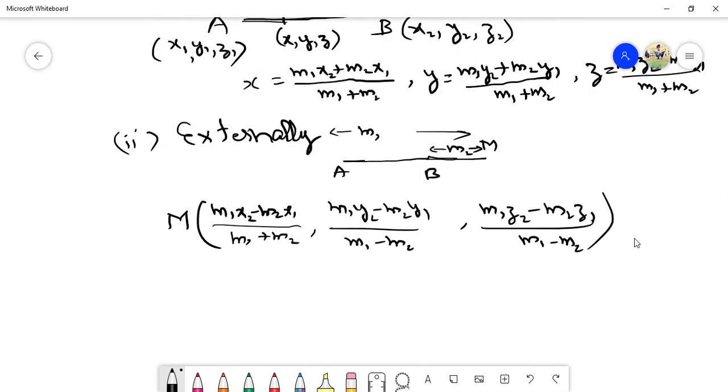Midpoint, you know that if it is a midpoint, then the midpoint formula will be x1 plus x2 by 2.